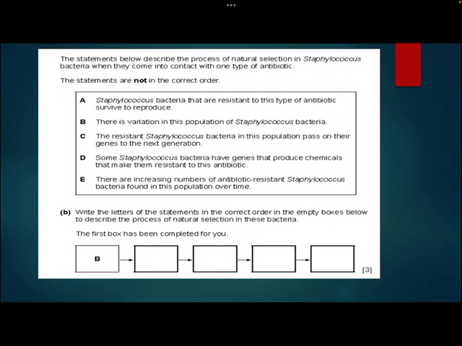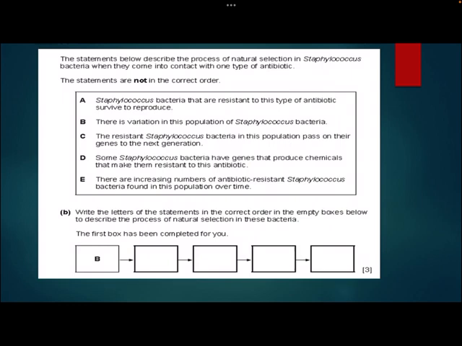The statements below describe the process of natural selection in Staphylococcus bacteria when they come into contact with one type of antibiotic. The statements are not in the correct order. Statement A says Staphylococcus bacteria that are resistant to this type of antibiotic survive and reproduce. B, there is variation in the population of Staphylococcus bacteria.